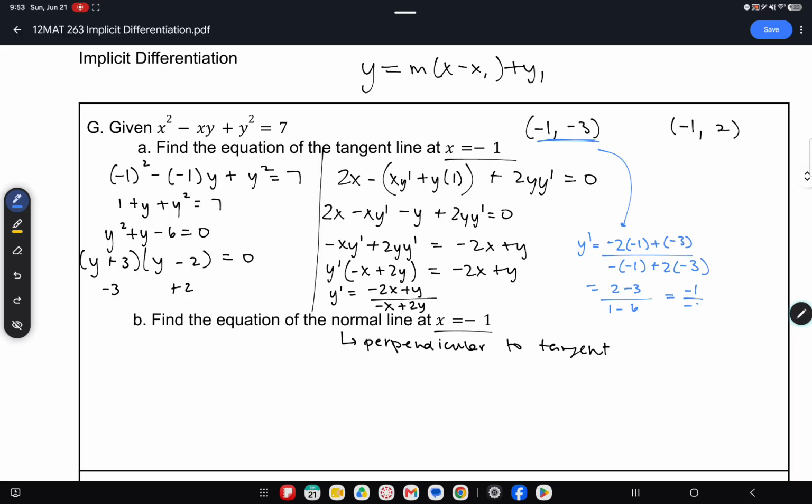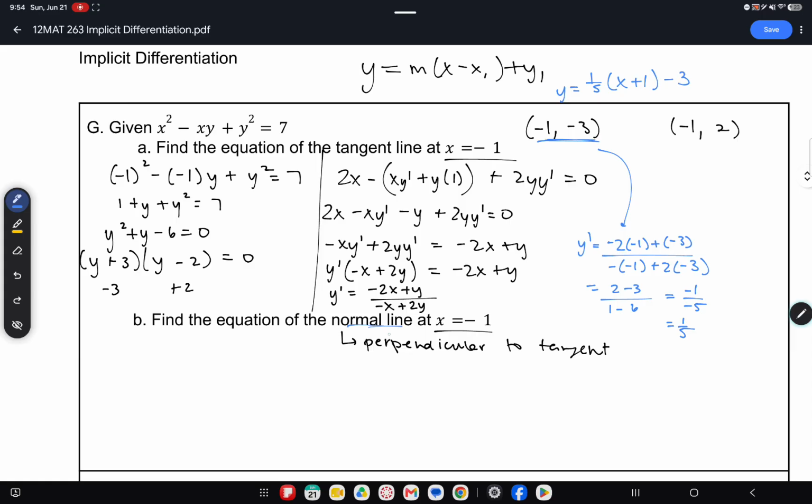So negative 1 over negative 5, which is a positive 1/5. So if I do my line, y equals my slope, 1/5, x minus the x value plus the y value.